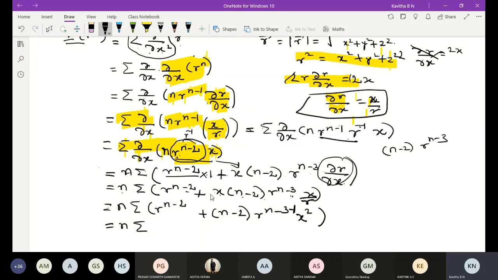Then n into summation of r to the power of n minus 2 plus n minus 2 r to the power of n minus 4 x square.